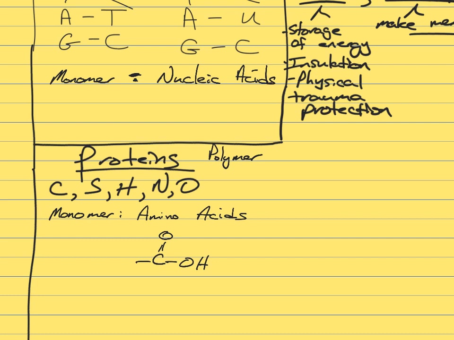Another carbon. How many bonds per carbon? 4. So there's 1, 2, 3, 4. This one's done. Every oxygen has 2. There's 1. It's connected to hydrogen. Here's another that's connected to carbon. So that's 2 for oxygen. And here's 2 for this oxygen. So these are all done with their bonds, right? This carbon is connected to what?